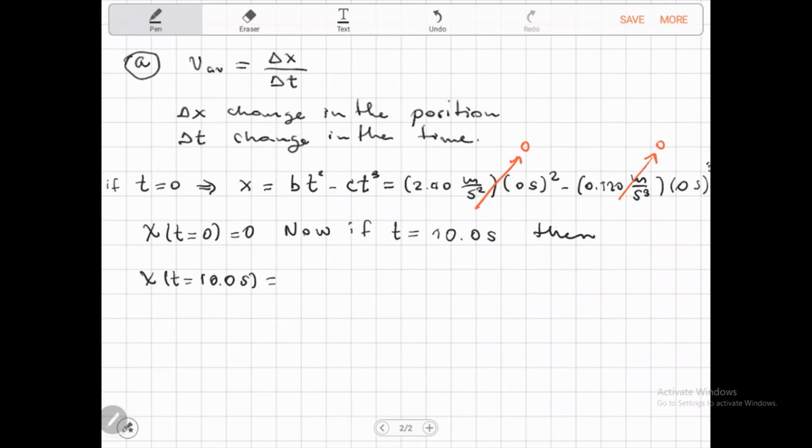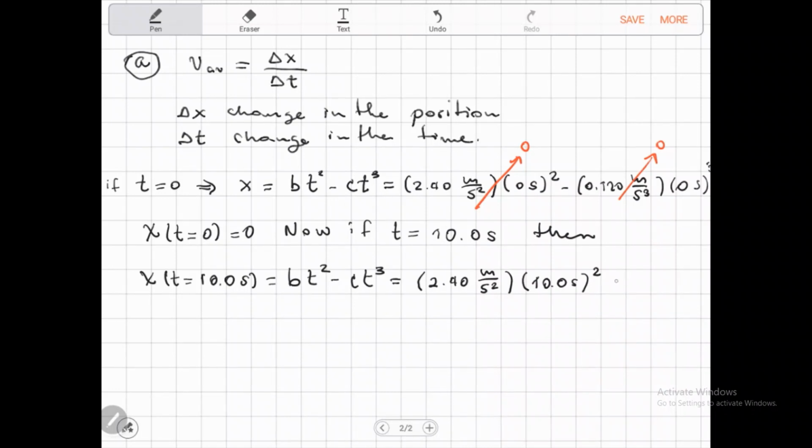is equal to, we remember that the formula is given by this expression, bt squared minus ct cubed, that is equal to, remember, b is 2.40 meters per second squared, right? The time on this occasion is 10 seconds. So we replace 10 seconds here, 10 seconds squared.